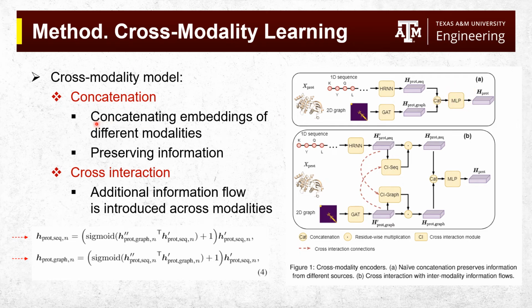Such concatenation is simple and preserves the information as much as possible. The second cross-modality model is named cross-interaction, where we additionally introduce information flow between the individual modality encoders, and this mimics the physical regularization between the modalities.